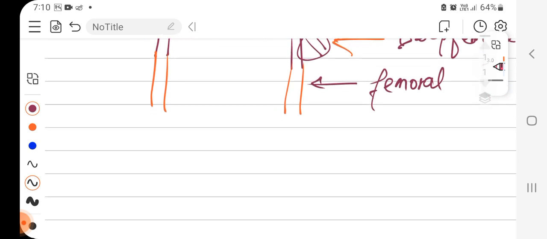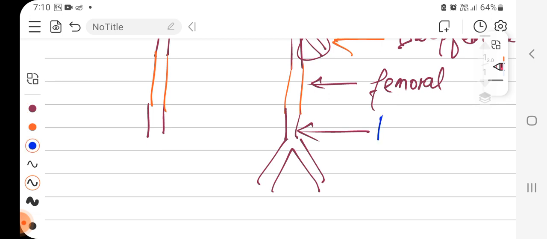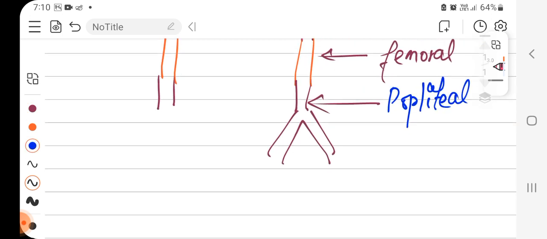Likewise, the femoral at the junction is known as popliteal, and it is divided into two parts.